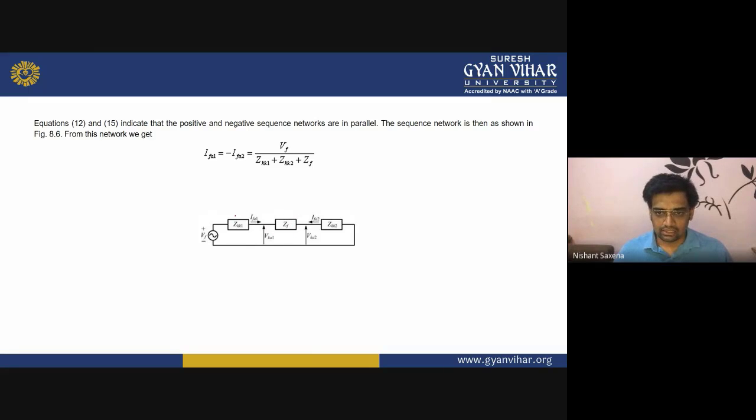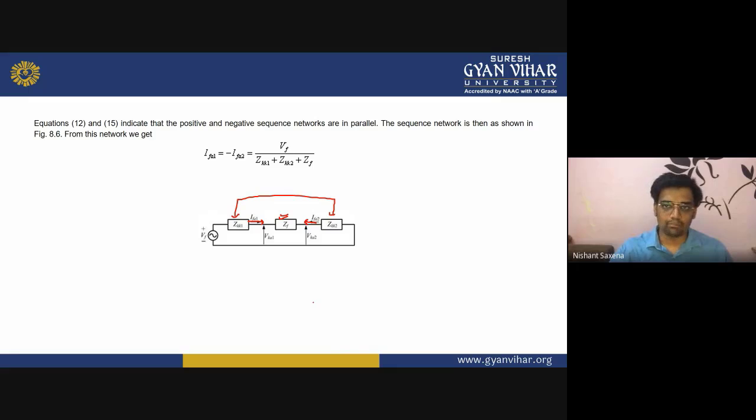ZKK1 and ZKK2 are the Thevenin's equivalent impedances for the positive and the negative sequence circuits, and ZF is the fault impedance. IFA1 is flowing in this direction, and IFA2 will be flowing in this direction, and these two sources are connected in parallel to this ZF. I hope this is clear to you for the line-to-line faults.